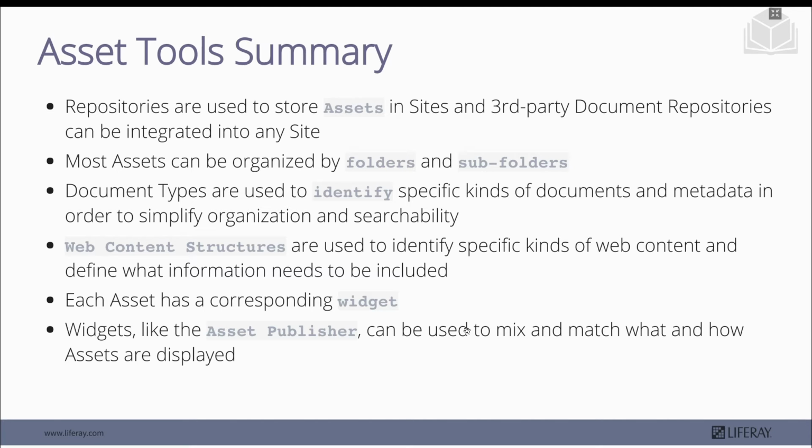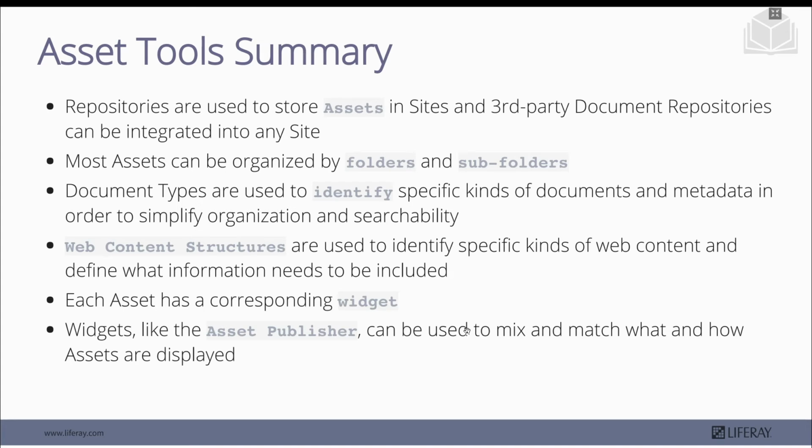So repositories are used to store assets in sites, and third-party document repositories can be integrated in any site. So again, content, assets, more specifically assets. So assets are stored within a site. Right, most assets can be organized by folders and subfolders. Right?